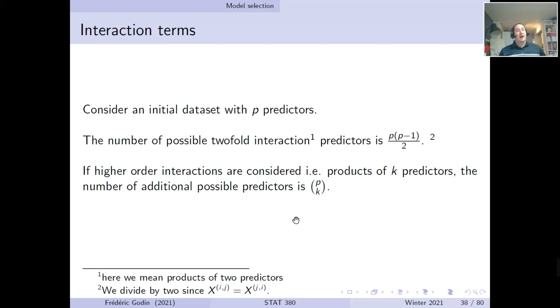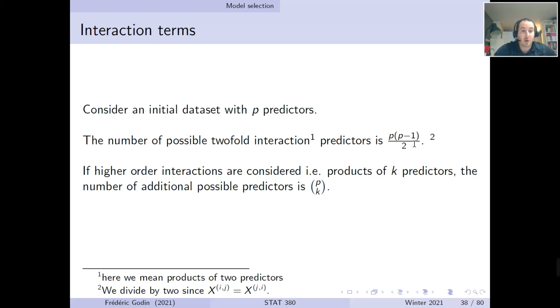Okay, but now we're going to see that if you have p predictors originally and you try to add potential interactions as new predictors, this inflates the total number of predictors even more. If you have p predictors, the possible number of twofold interaction terms, or products between two predictors, is p times (p minus 1) divided by 2, because this is choose 2 among p predictors.